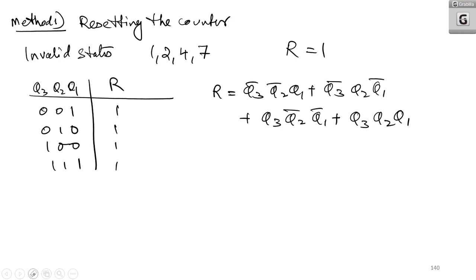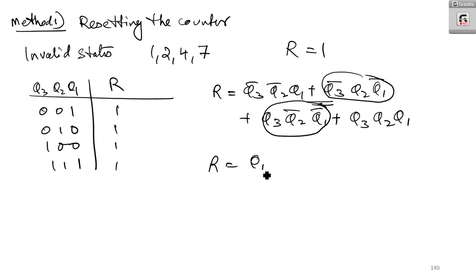So R we can write as, taking these two terms, Q3 bar Q2 bar Q1, and Q3 bar Q2 Q1 bar. Q1 bar is common, so Q1 bar into Q3 bar Q2 or Q3 Q2 bar.